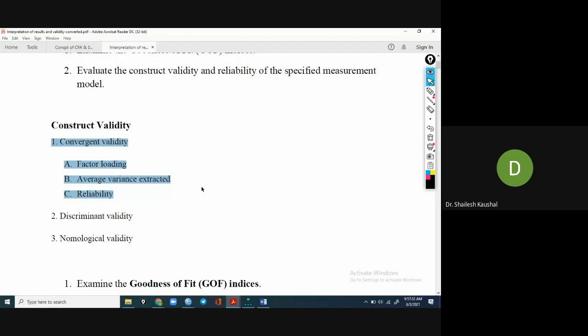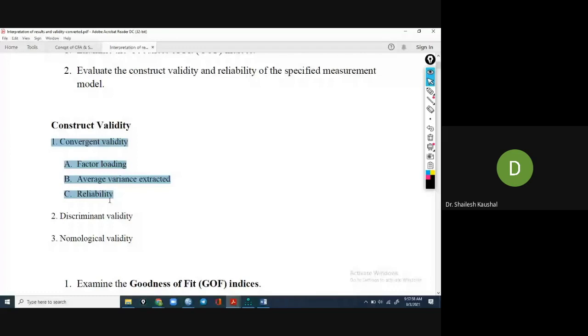Whatever questions I am taking to measure the tangibility of the organization, whether these questions can measure the concept of tangibility or not. So validity is this. And the concept of reliability means whether my scale, my research instrument, is giving a consistent result repeatedly or not.